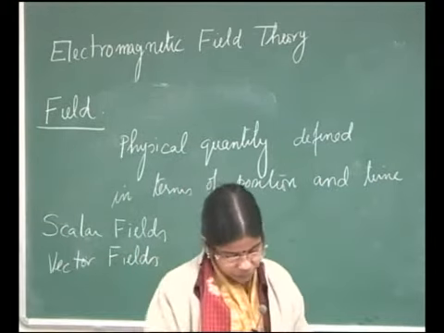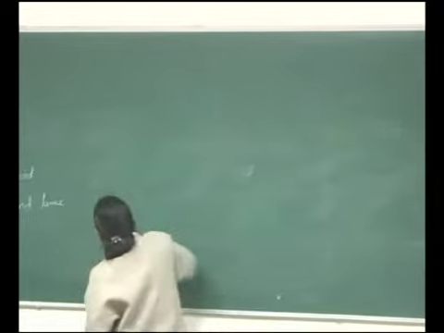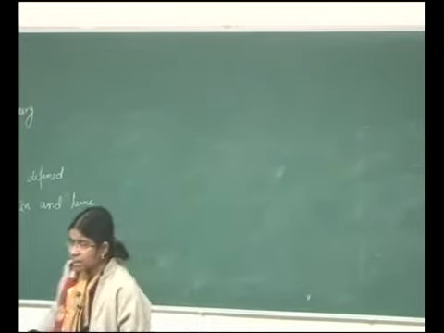Now to understand what these fields are, let us take first the example of a scalar field. Let us take temperature. We all would agree that we consider temperature as a scalar quantity. So now I say temperature is a scalar field.